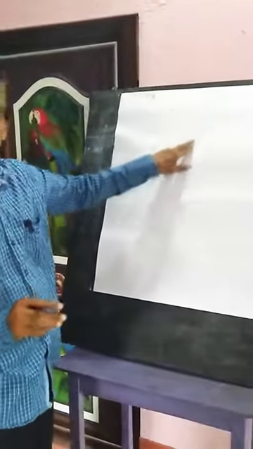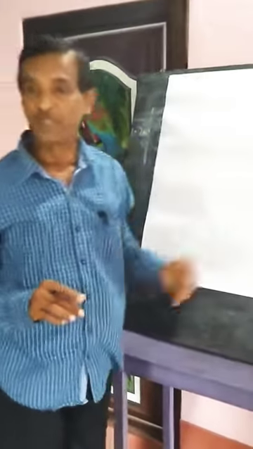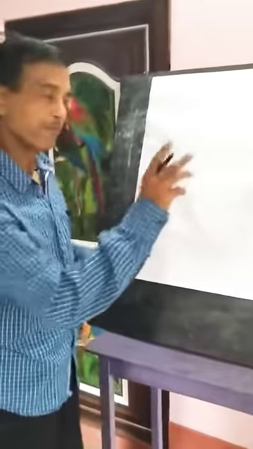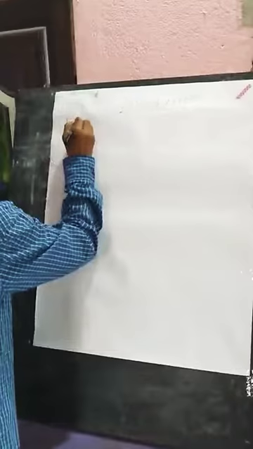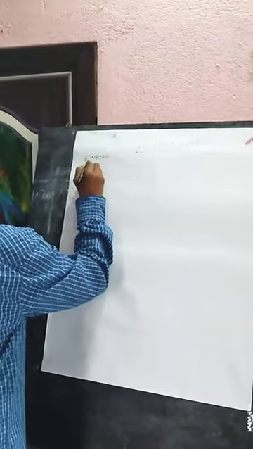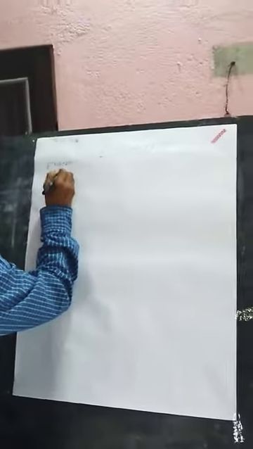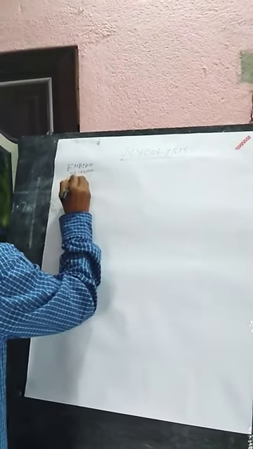Glycolysis is otherwise called the EMP pathway, named after 3 German scientists, Embden, Meyerhof, and Parnas.